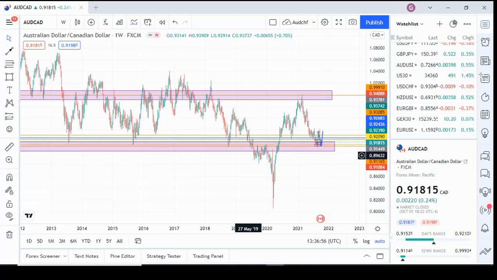As much as we have said that the market has been ranging, when it comes to this lower area, we are looking for selling opportunities. Now, looking at this, what we are anticipating the market to do is to move from this level all the way up to there.